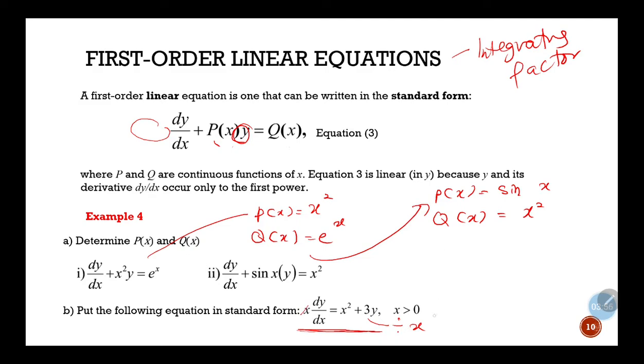When you divide the whole equation by x, what you will have is dy/dx equal to x squared over x plus 3y over x, which can be simplified into x plus 3y over x. So this is dy over dx.